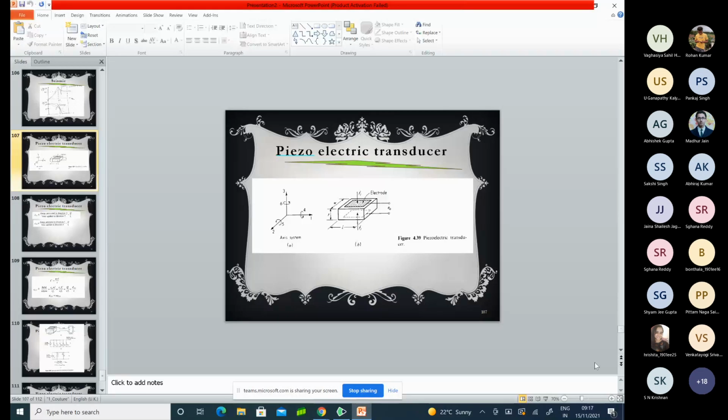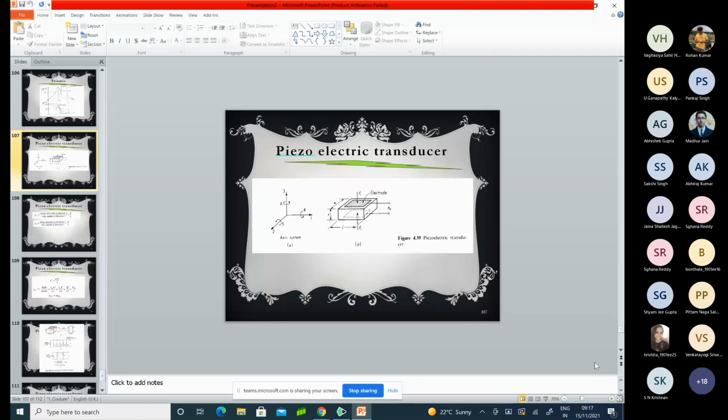Now, let us try to consider some practical things. Let us consider that we want to make a transducer out of a piezoelectric material. Suppose I gave you a piezoelectric material and I say build a transducer out of it, and that is your class project. So what will you do?